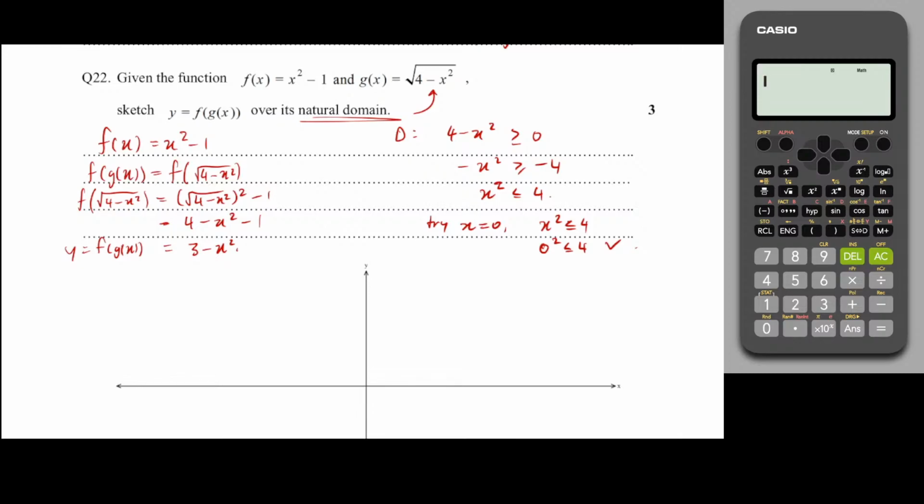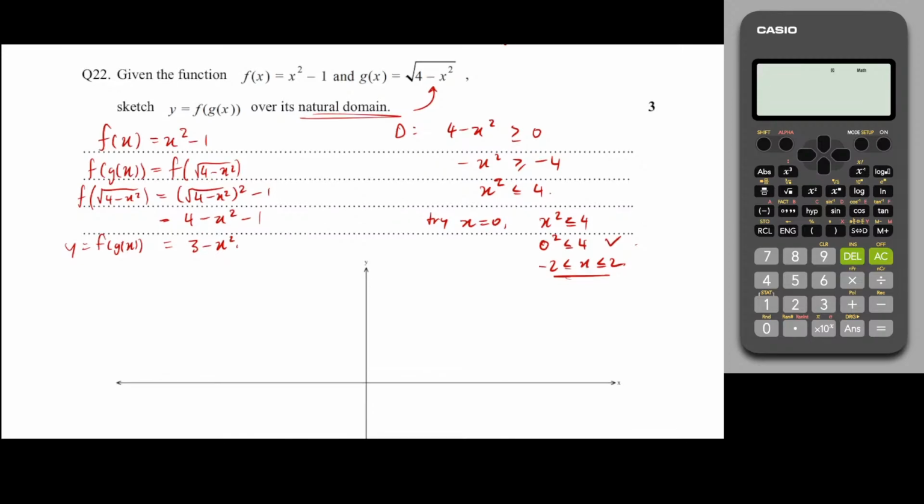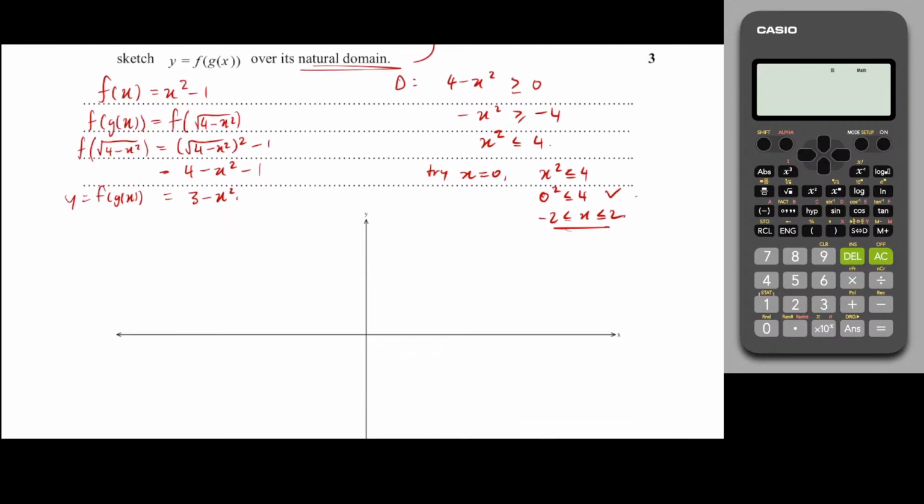So my domain is going to be that the x value is between -2 and 2. Now it is a parabola, 3 minus x squared between -2 and 2. So 1, 2, -1, -2. It's not going to go outside either of those.